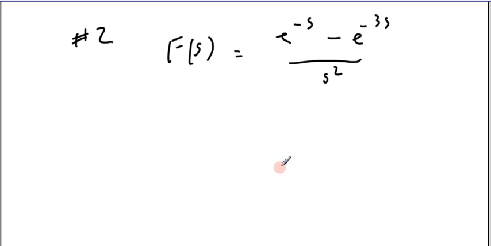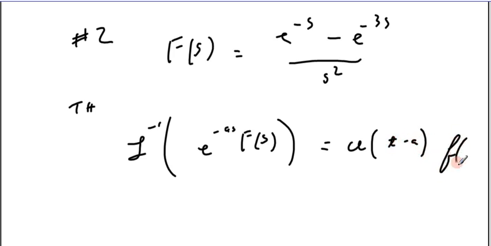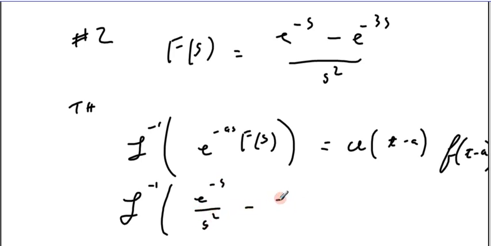I look at theorem 1, and I see that the inverse Laplace transform of e to the minus as F(s) is equal to the unit step function u(t minus a) times the function f(t minus a). Okay, so I look at the inverse Laplace transform of e to the minus s over s squared minus e to the minus 3s over s squared.